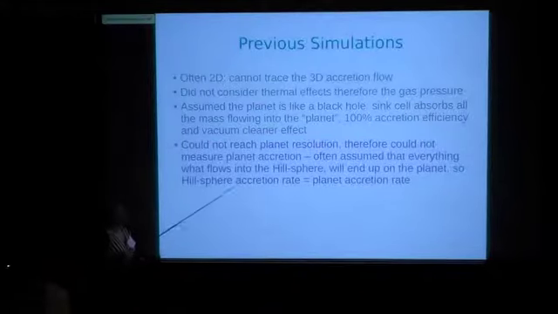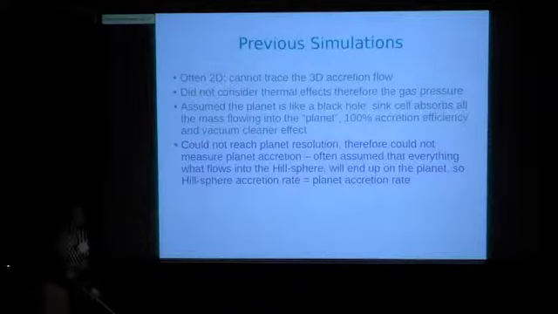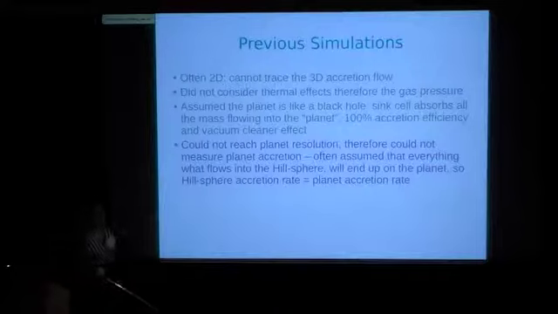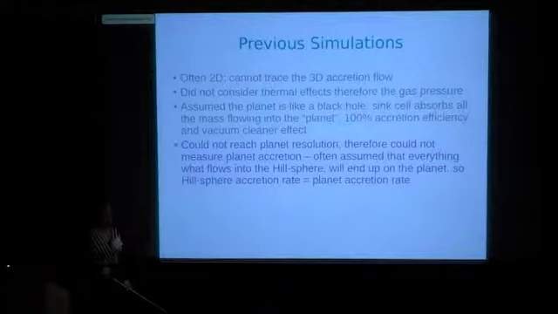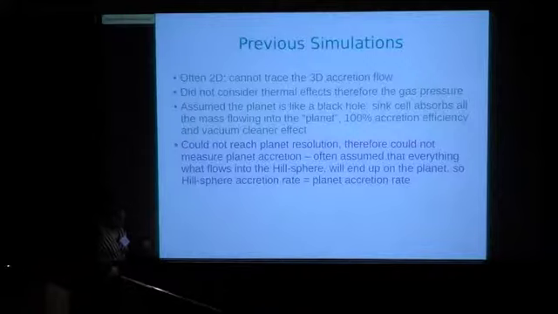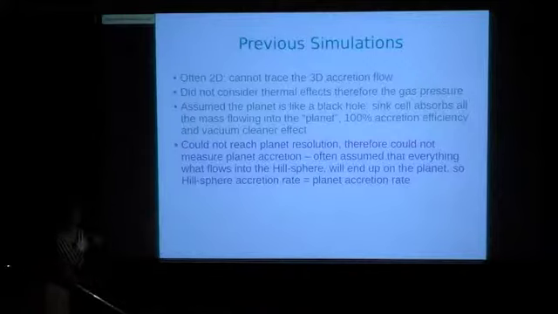Also, say 10 years ago, or even 5 years ago, we did not have the resolution to reach the planet's surface. And when we talk about planetary accretion, we really need to resolve the planet in order to measure the accretion rate on the surface. As Ruth already mentioned about the heliosphere, before, people thought that every gas molecule which enters the heliosphere will end up on the planet.